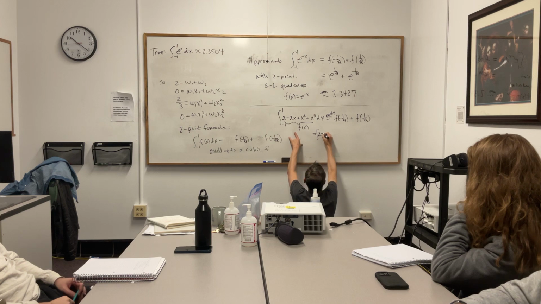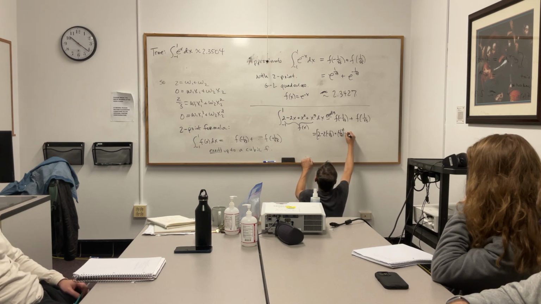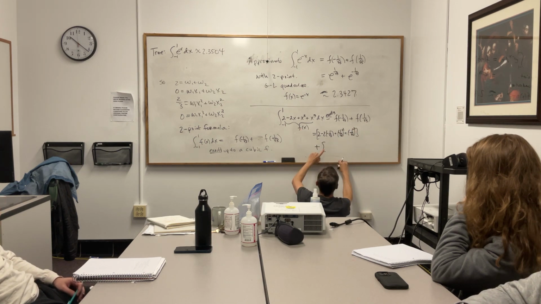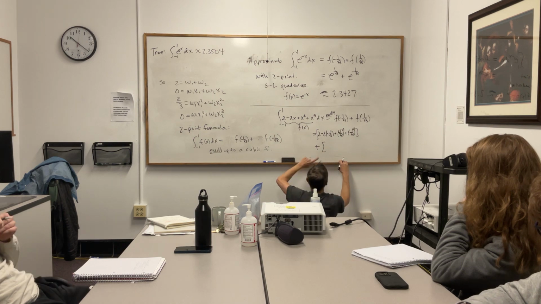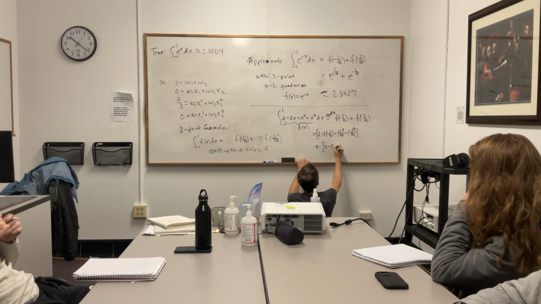So this is going to be 2 minus 2 times negative 1 over root 3 plus negative 1 over root 3 squared, and then plus negative 1 over root 3 cubed, and then plus, sorry, I'm starting to do integration. I'm not doing traditional integration. Now put in plus 1 over root 3.